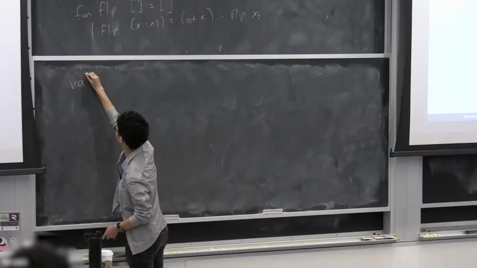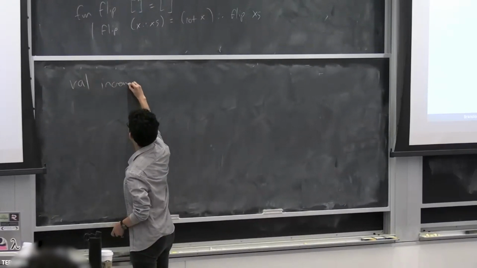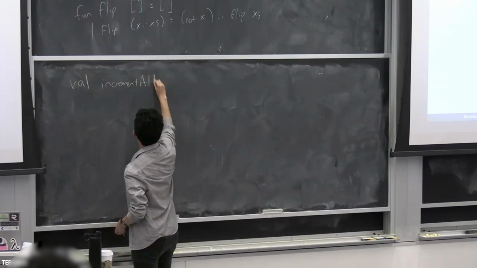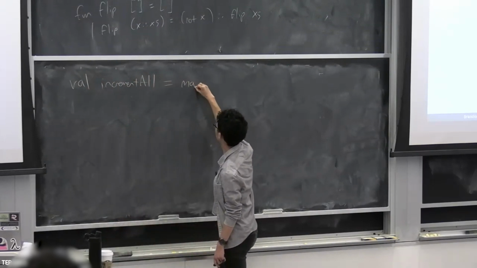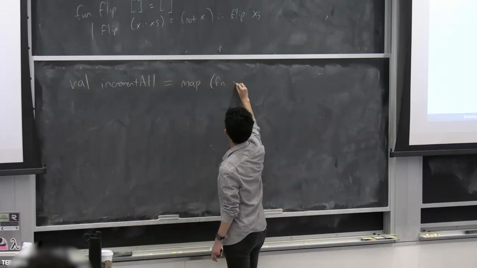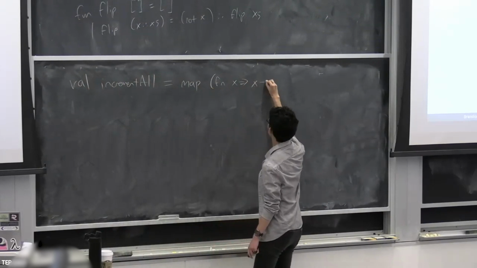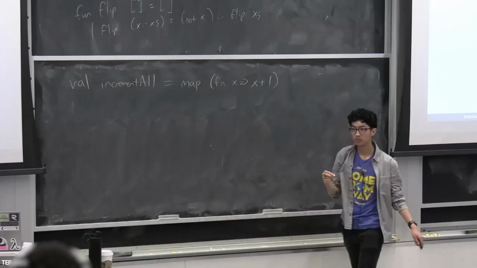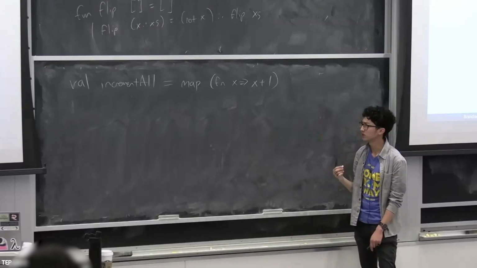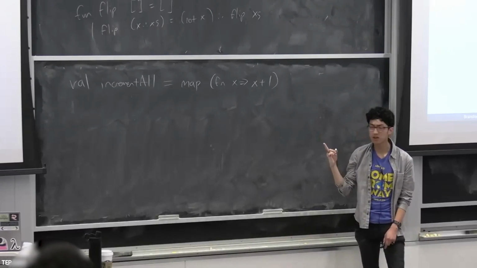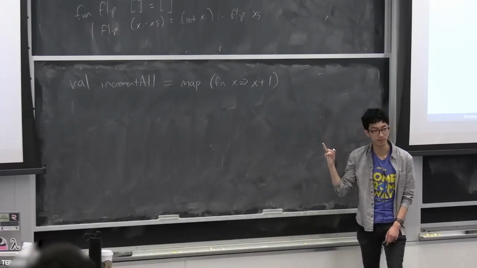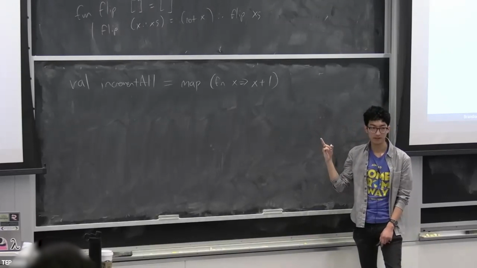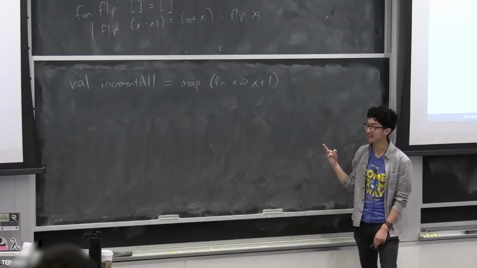But here's what I'm going to write. Does this make sense? Does this type check? Can I give not all of the arguments to map at once? The answer is yes, I can do this.